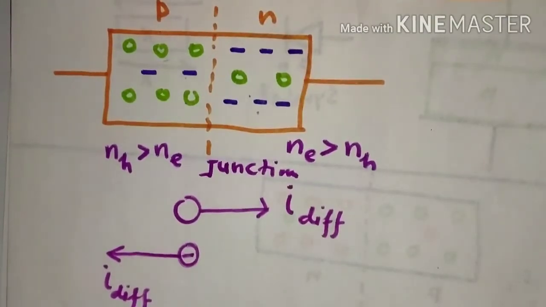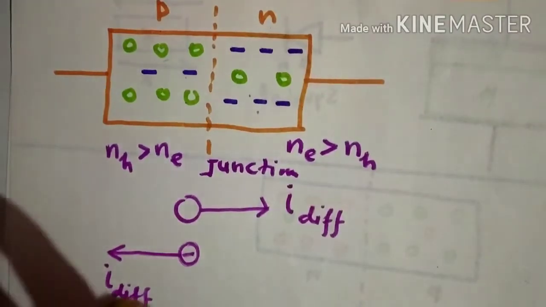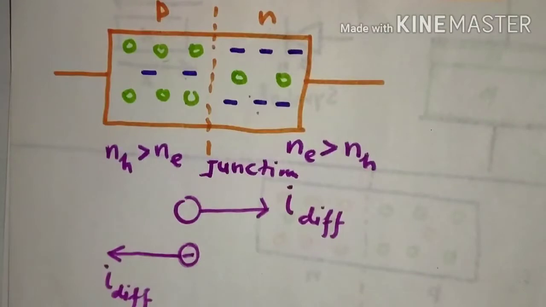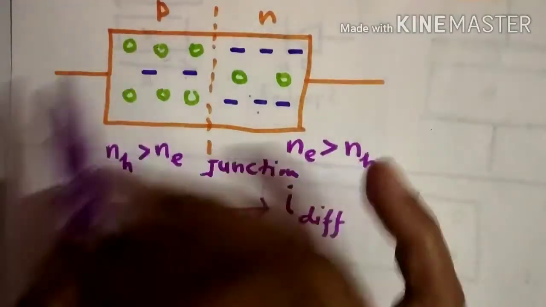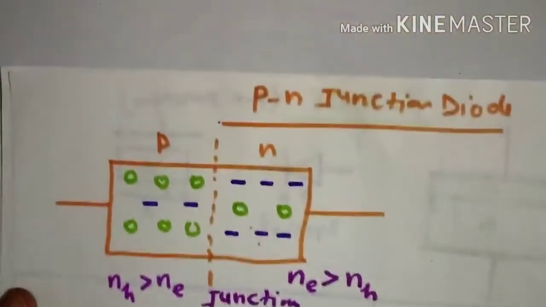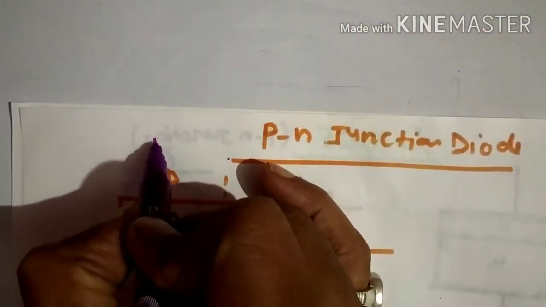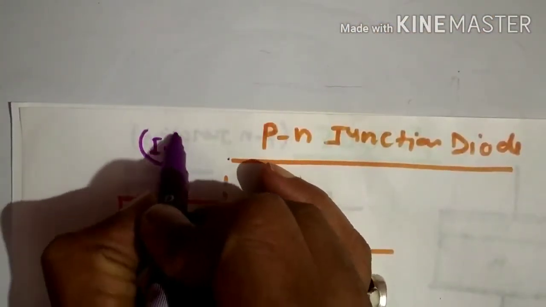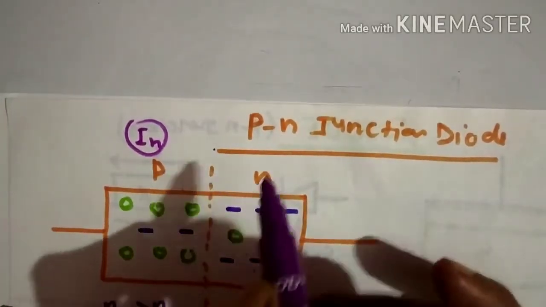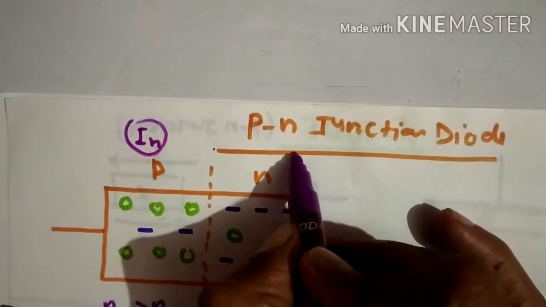Now, just recall the concept of doping. In the P-type semiconductor, the dopant you had used is indium, 13th group, and in the N region you had used a dopant of 15th group, for example phosphorus.